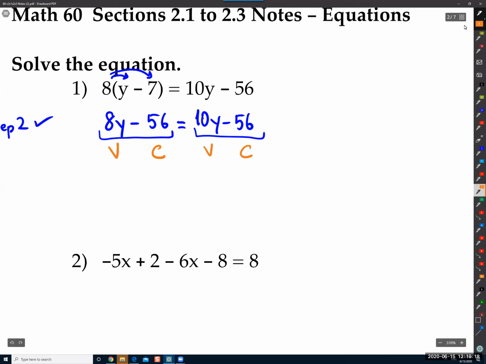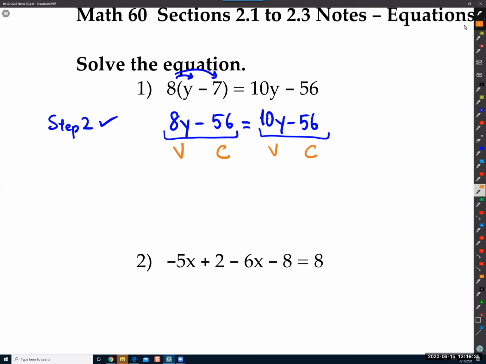So I need to move these V's to one side, C's to the other side. You choose your side. Don't know, don't care. Which side do you want to choose? But I always suggest to my students: move the smaller variable, which is this guy, because the other one's 10y, one of them is 8y. Which one is smaller? 8y is smaller. Move the smaller variable to the other side.